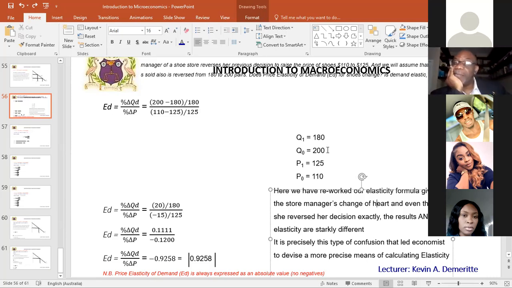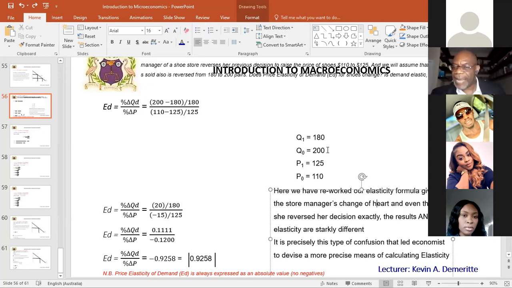Somebody say something. Fine. I'm going to take the bull by the horns, and I'm going to say the new price is at 200. Because, okay, she raised her price from $110 to $125 in 2020. So in 2019, let's say, for example, the price was $110. In 2019, the price was $110. In 2020, the price was $125.